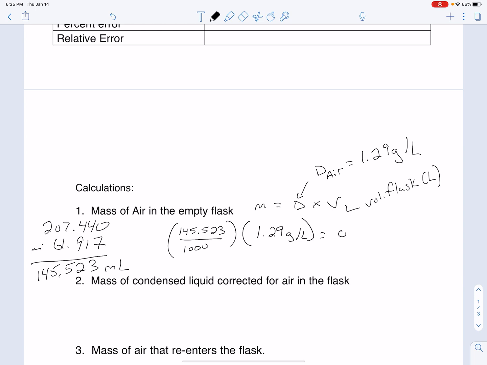We got 0.18725 grams. Now again, with uncertainties, we would be able to get something that was maybe less digits, but that's okay. At the end, this will all come out the way we want it to.